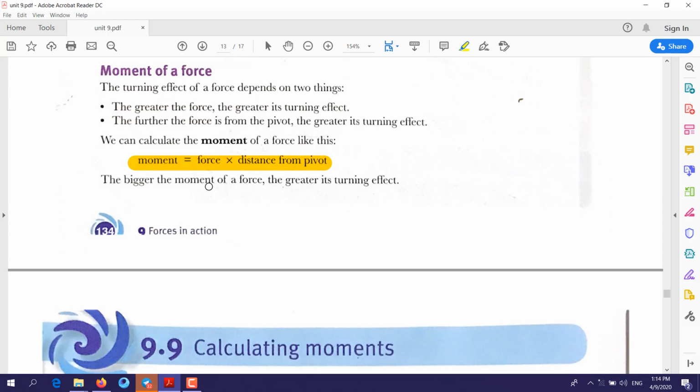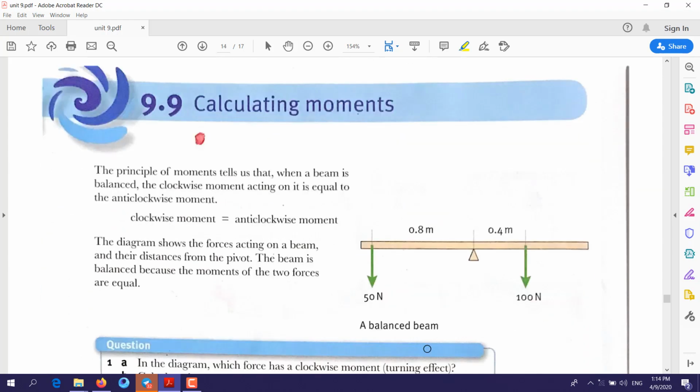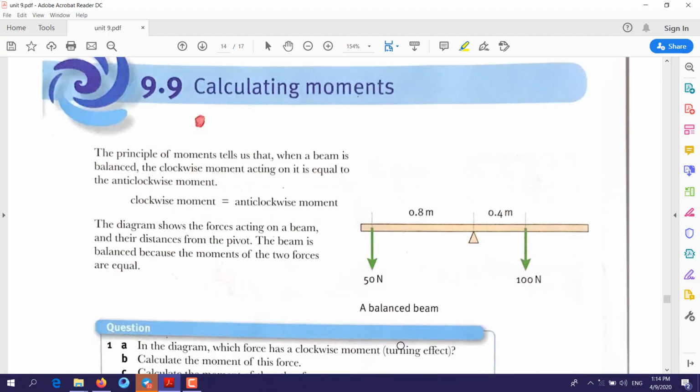The unit for force is the Newton, and the distance will be in meters or centimeters. Usually it's in meters.